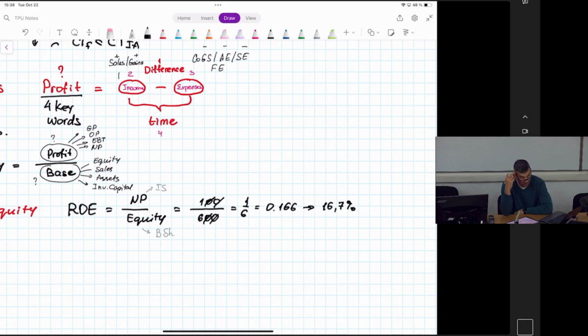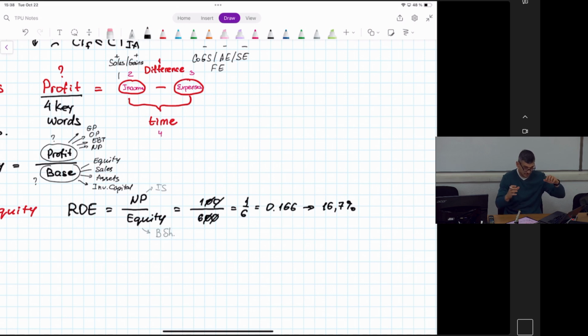Again, we start thinking, what does that mean? 16.7%. So in this case, if we divide net profit by equity, our base is equity, and equity is the money provided by shareholders, by the owners of the company. So they invest 100% and they get 16.7%.